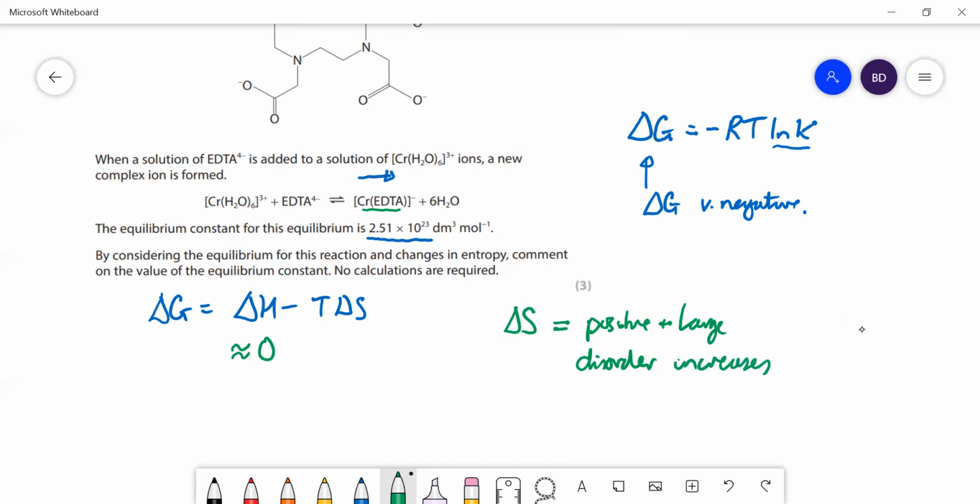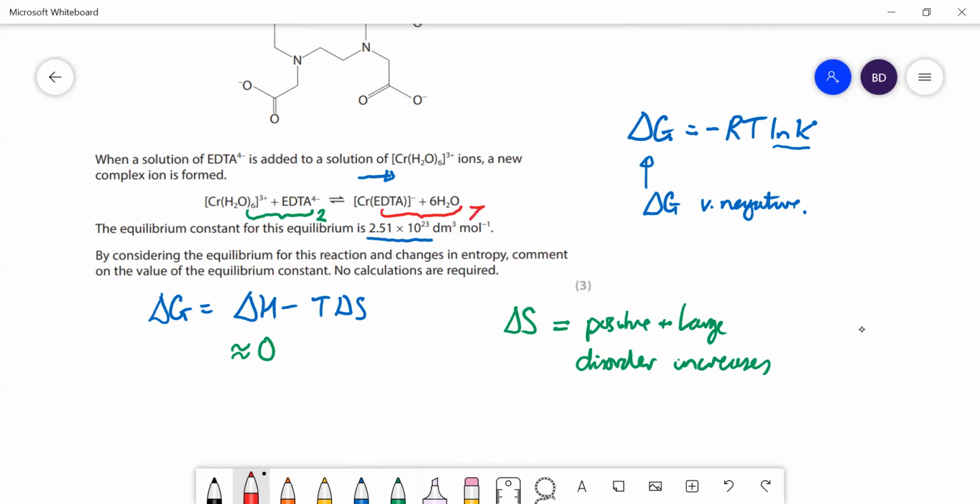And how can we see that? Well, on this side of the equation, the reactant side, we've got 2 aqueous species. We've got the chromium complex, and we've got EDTA. But when it goes forward on the right-hand side, you've got the complex, and you've got 6 water molecules.